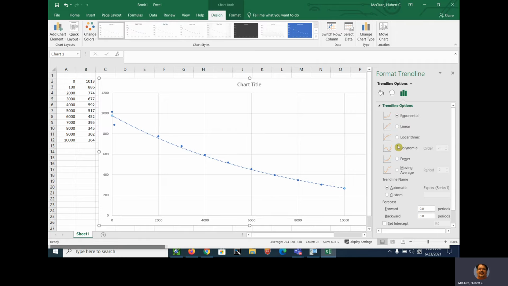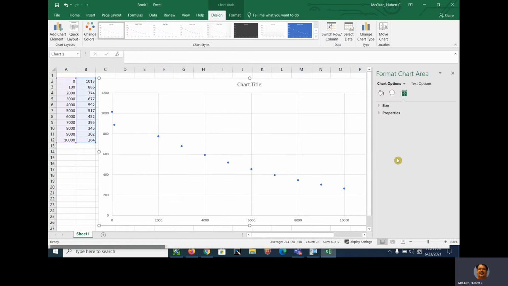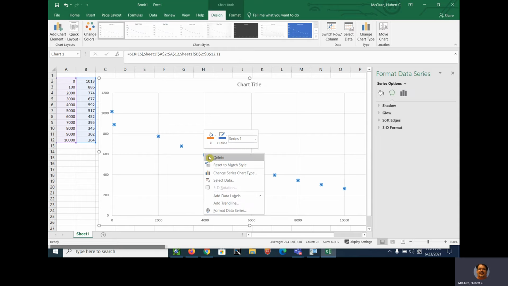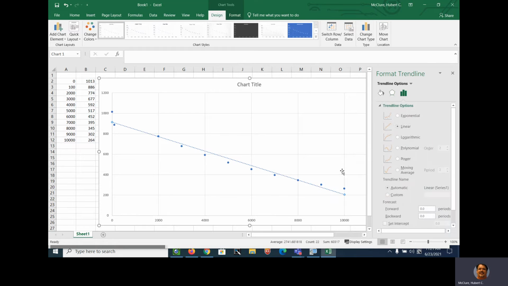I would say polynomial is a little bit closer. Power, nope, can't do power. So let me go back. Sorry. So it's either polynomial or exponential. I think polynomial is the best one.